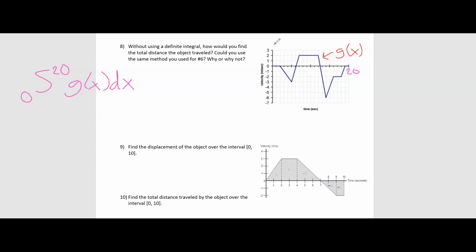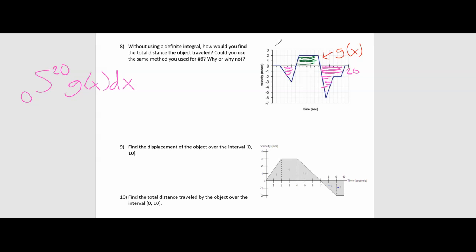Well, the problem is this is going to skew the total distance, right? Because you have some areas that are below, you have some areas that are above. So you'd be adding some negative areas to positive areas, etc. And this would give you the displacement of the object. So this would tell you how far away the object was from its initial position, and it would tell you the direction.